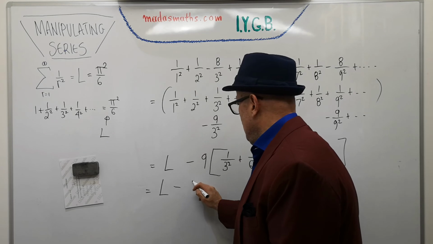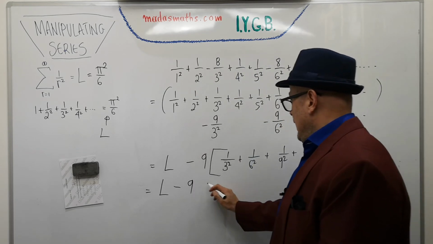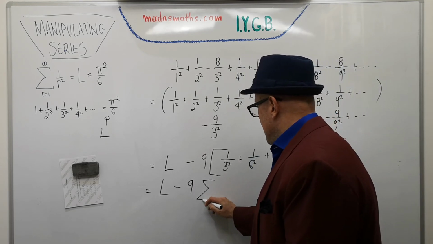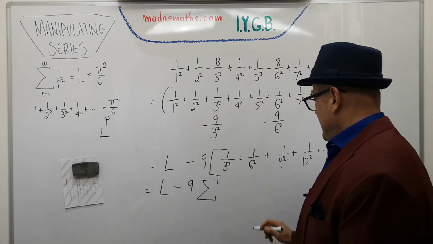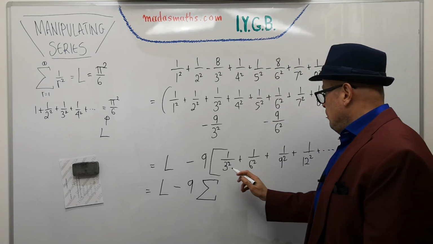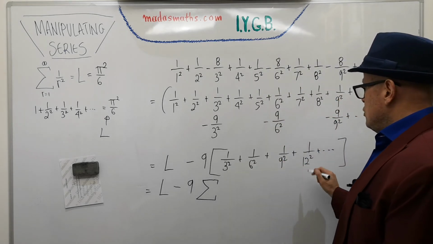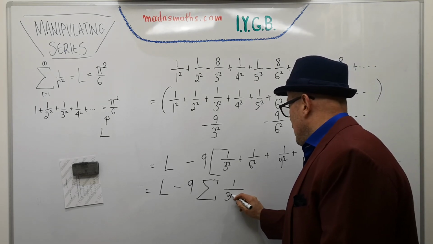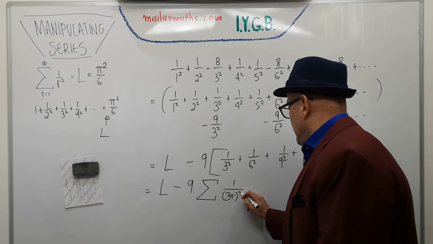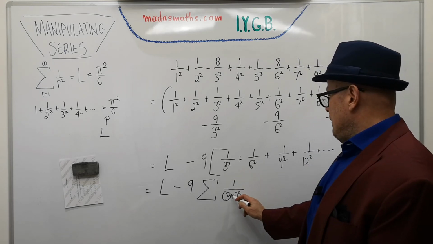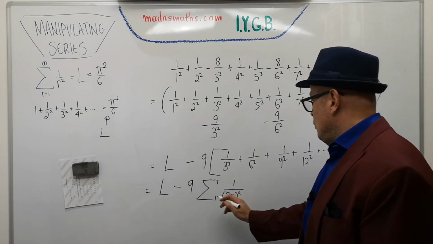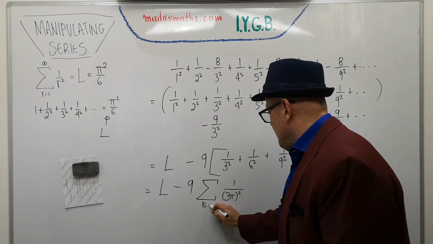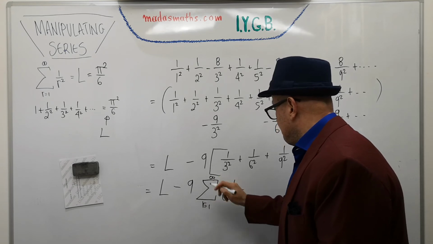So that's going to be L minus 9, and this written with the sigma operator is going to be multiples of 3, 6, 9, 12. So on the denominator 3r all squared. So when I put r equal to 1, it gives me this, r equal to 2. So it runs from r equal to 1 to infinity.